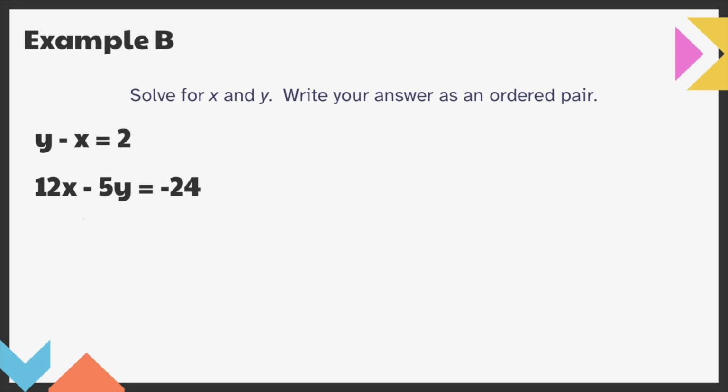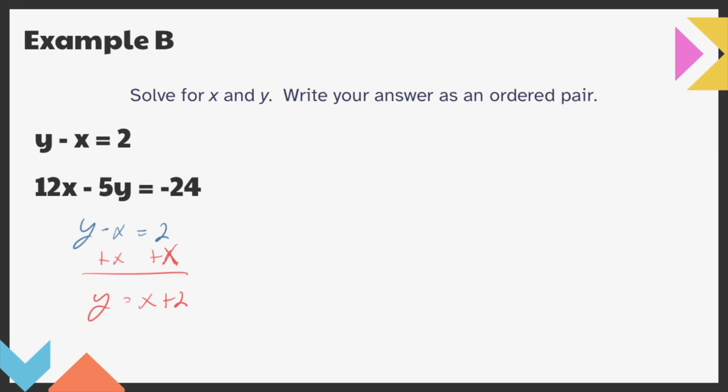So if we have y minus x equals 2, we can just very easily add the x to the other side. So we're going to add x to both sides, and we end up with y is equal to x plus 2. That's an easy way to isolate the variable. We've got y isolated, but you could isolate any variable in either equation to make this work.